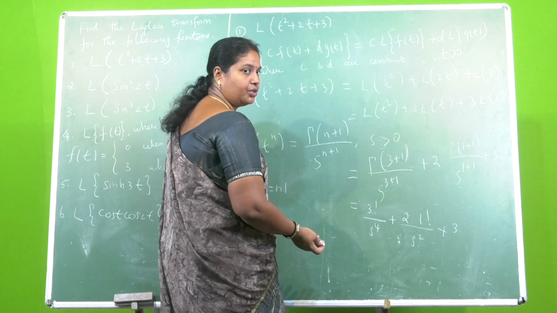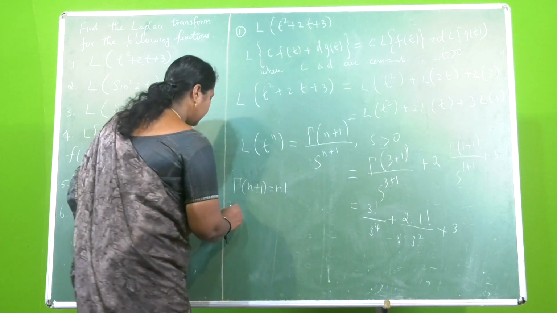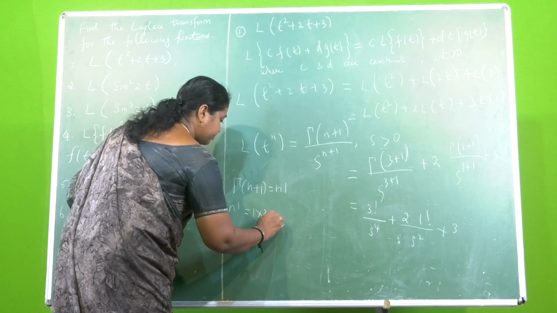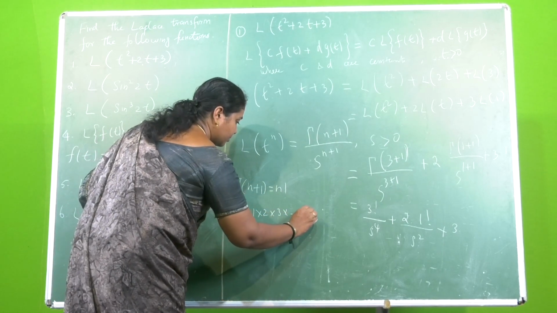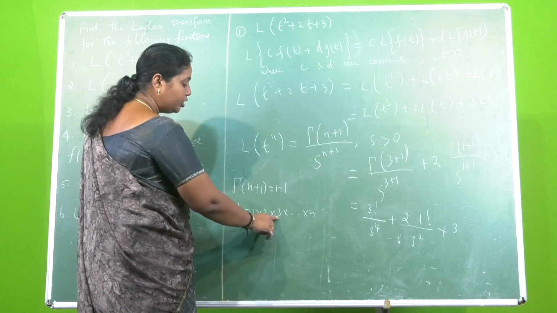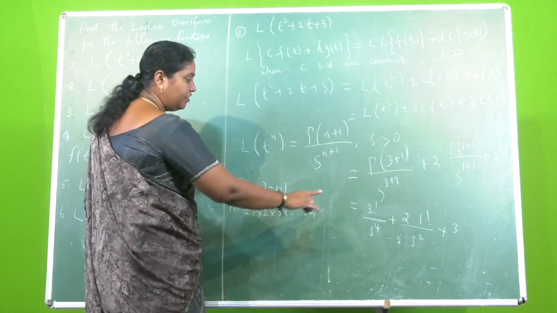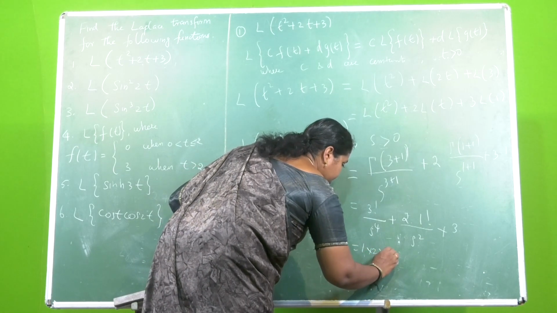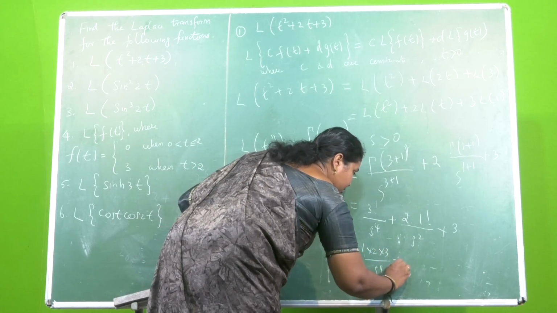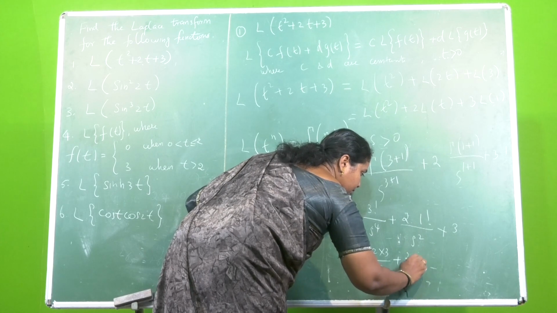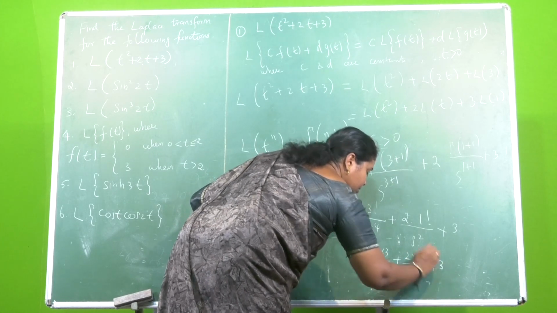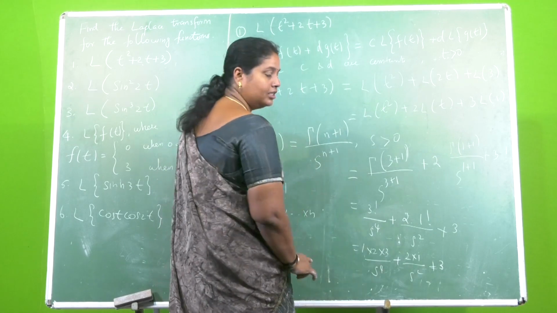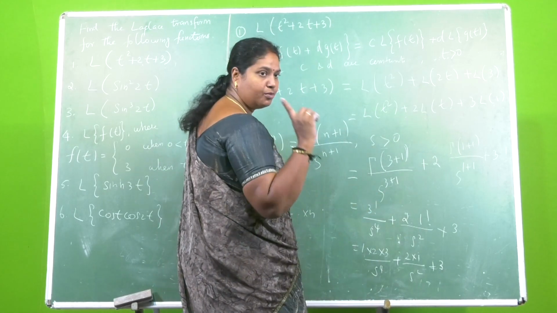Now what is 3 factorial? We know that n factorial is nothing but 1 into 2 into 3 up to n. So 3 factorial is nothing but 1 into 2 into 3, and 1 factorial is nothing but 1.